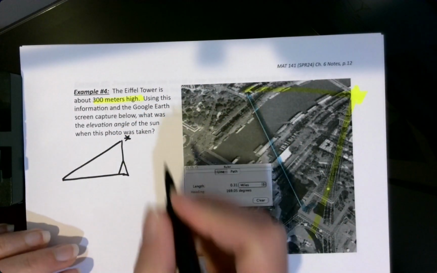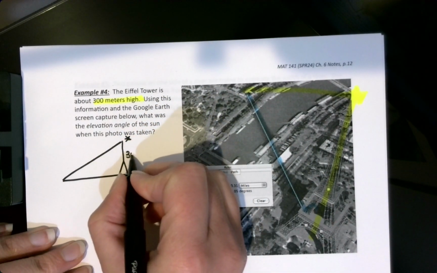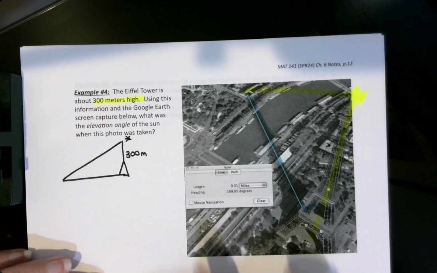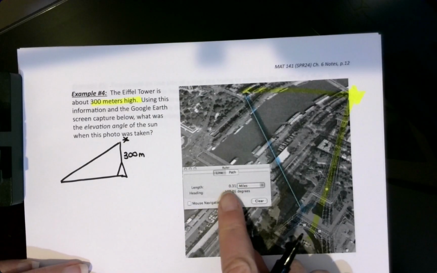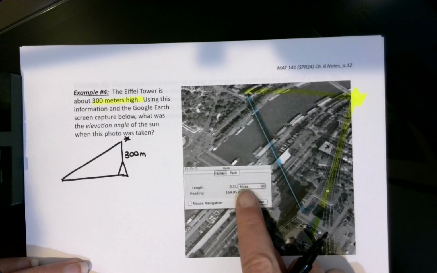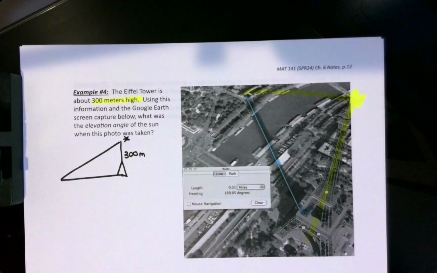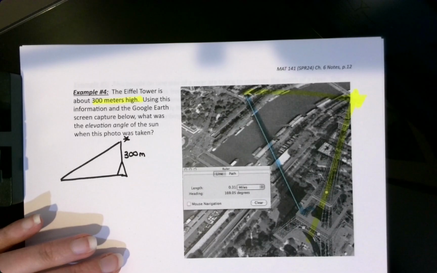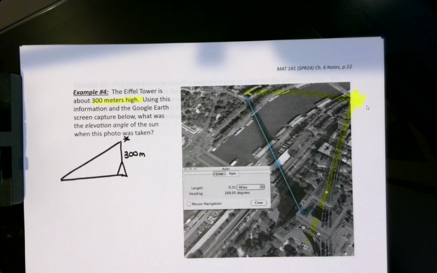Okay, so the Eiffel Tower, we know, is 300 meters high. Now, this tool right here was able to tell me approximately how many miles long the shadow was, but we're going to need to convert that into meters. So I'm just going to use a Google converter real fast.